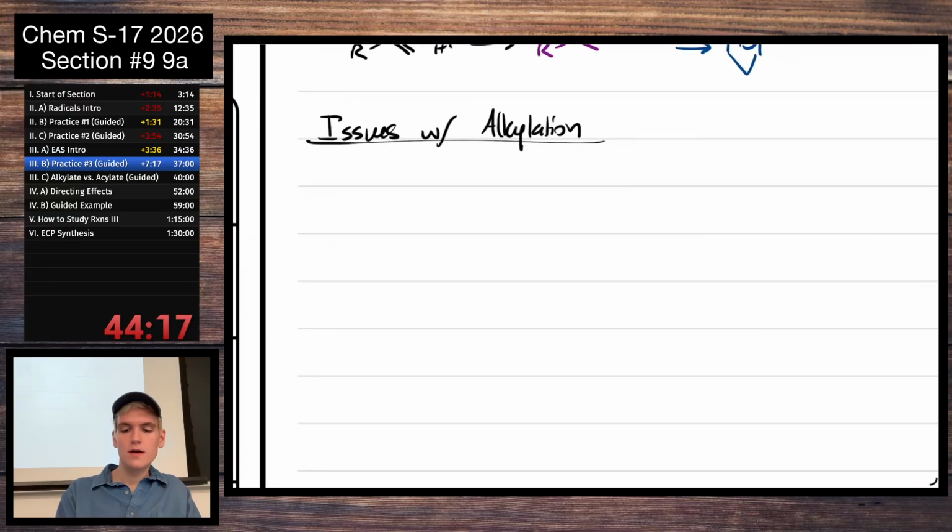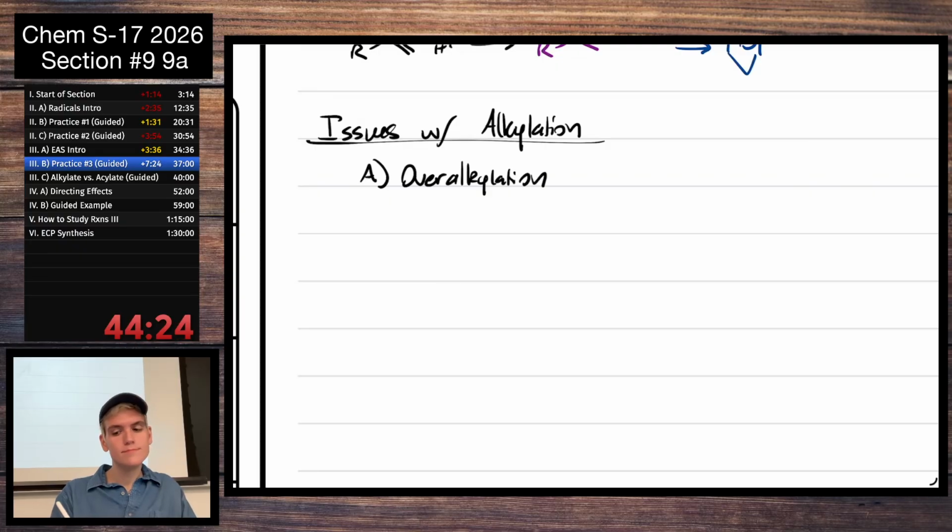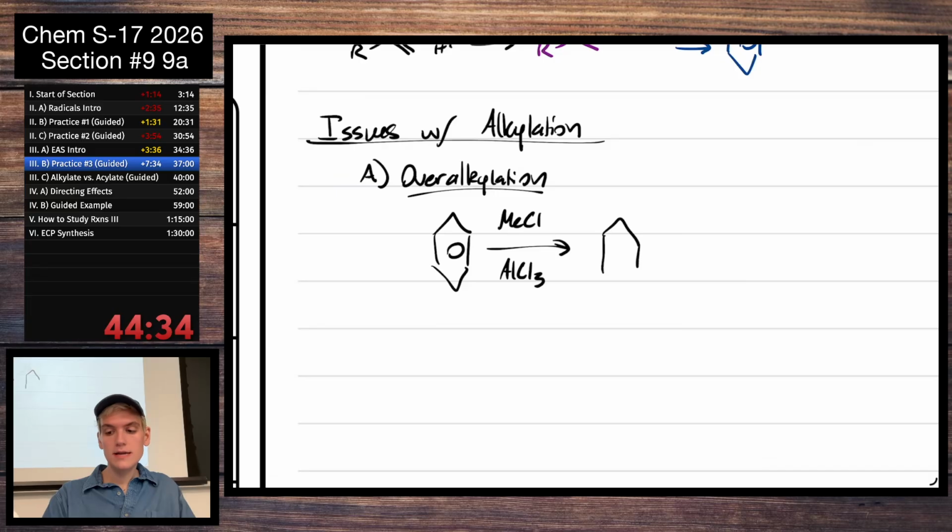So, first issue is one of over-alkylation. Essentially, if we were to do benzene here with methyl chloride and AlCl3, we are going to get the product with 1 methyl added, but we're also going to get the product with 2 methyls added.